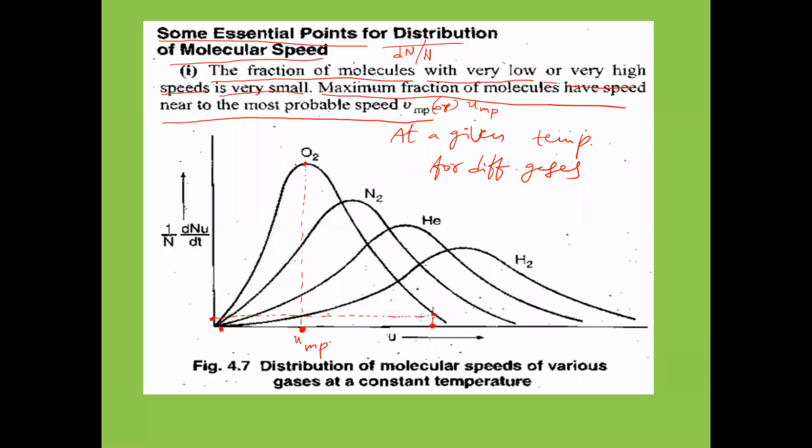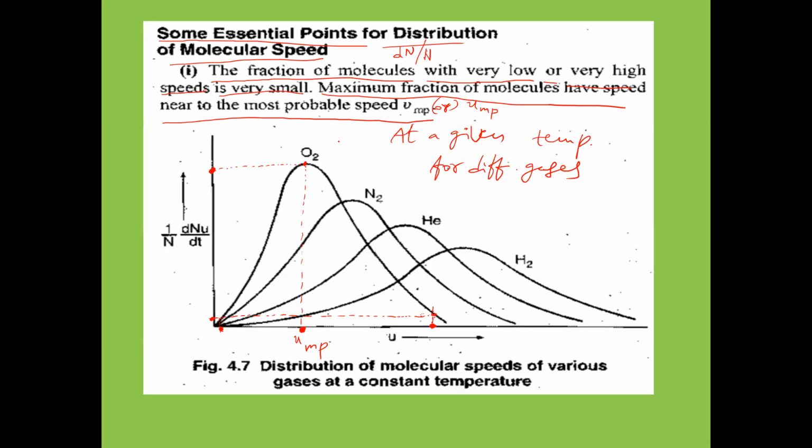Now see, this velocity is possessed by a very large number of gas molecules here, that means a greater fraction of molecules. So the most probable velocity is the velocity or speed which is possessed by a very large number of gas molecules at a given temperature.